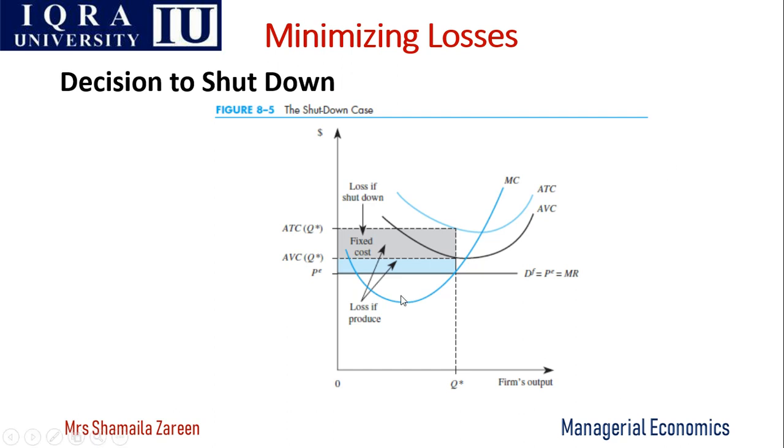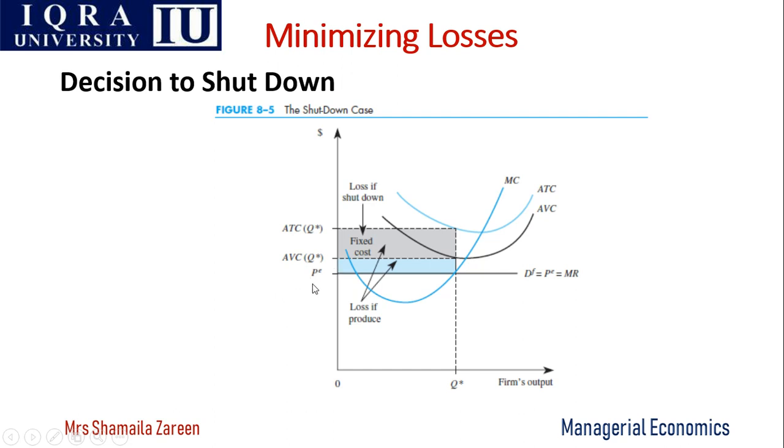You can see that they have drawn the curves as the firm has decided to shut down. First of all, for the loss, they have drawn this average cost curve that is above the average revenue, so the firm is facing the loss. After that, whether the factory has to run or be shut down, we have drawn the average variable cost.